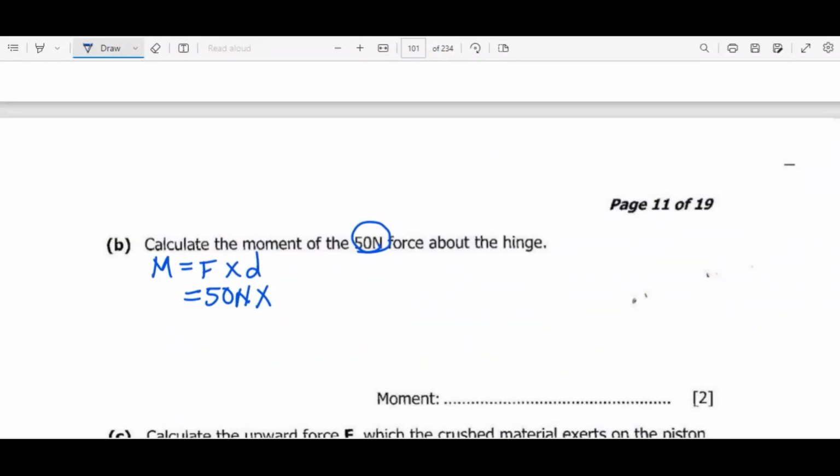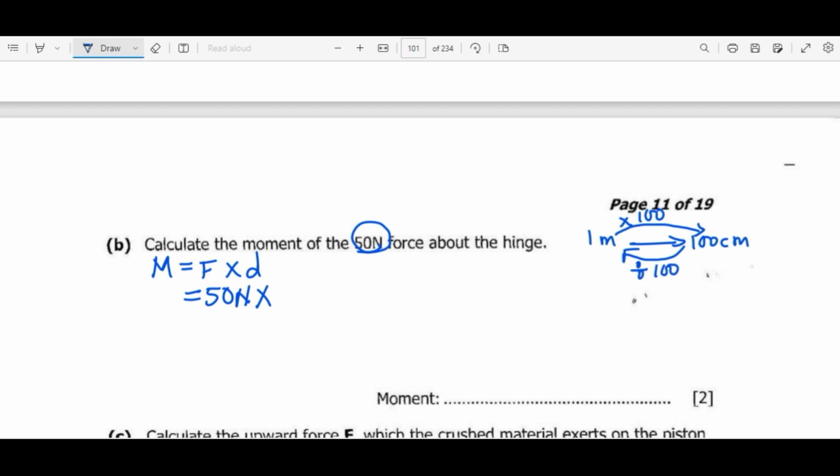So now the distance should not be in centimeters, so we need to convert. So 1 meter is equal to 100 centimeters. So to change from meters to centimeters, you multiply by 100, then the reverse, you divide by 100.